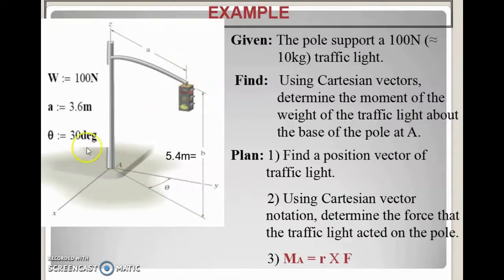Okay, this is our F. So our line of action, you can take the shortest distance between the point A and the force. Okay, so which means between A to this point.